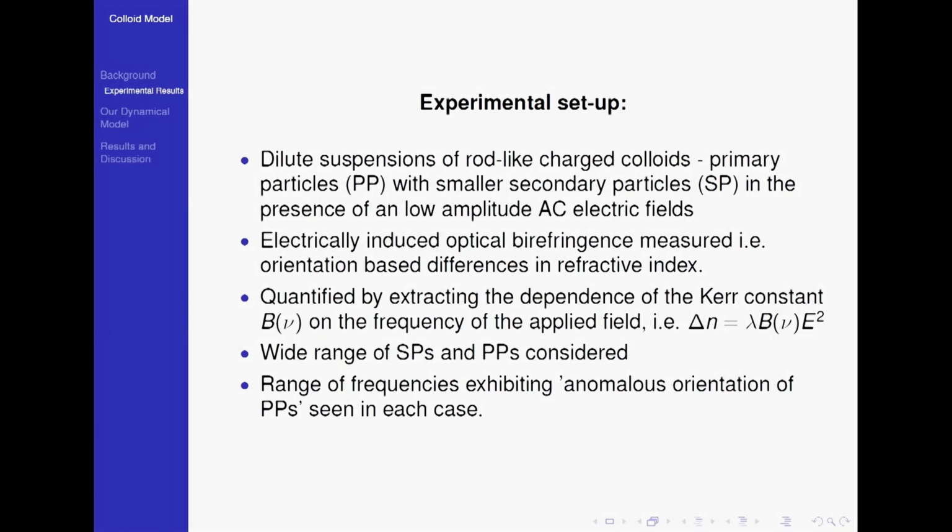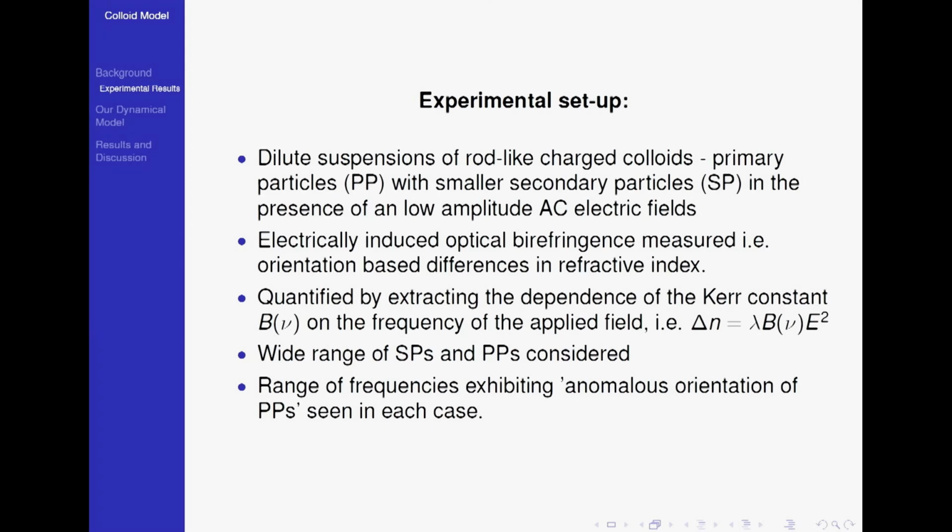They are surrounded by smaller secondary particles, which are round. They don't have this profile. They're much smaller and rounder. All these charged objects are placed between two plates where there's an AC electric field. The AC electric field basically means that the polarity keeps switching, goes positive, negative, negative, positive, and so on.